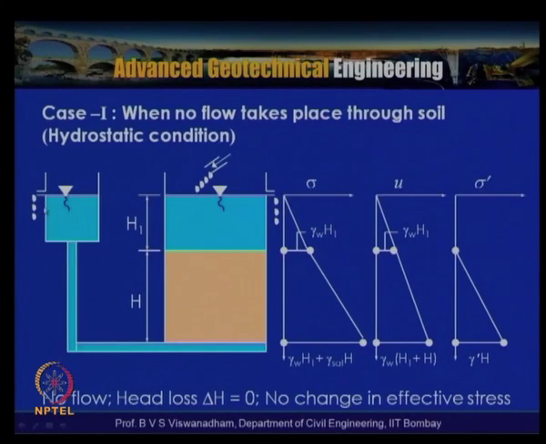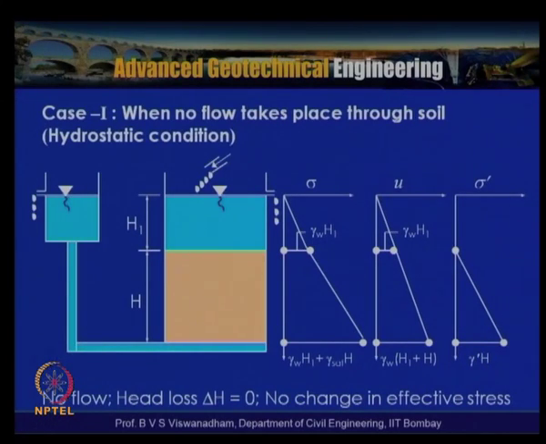The total stress is gamma W H1 plus gamma sat H, and the pore water pressure, as the water is up to the surface and the soil is completely saturated, is gamma W H1 plus gamma W H. So the effective stress is the total stress minus pore water pressure, which gives gamma dash H.